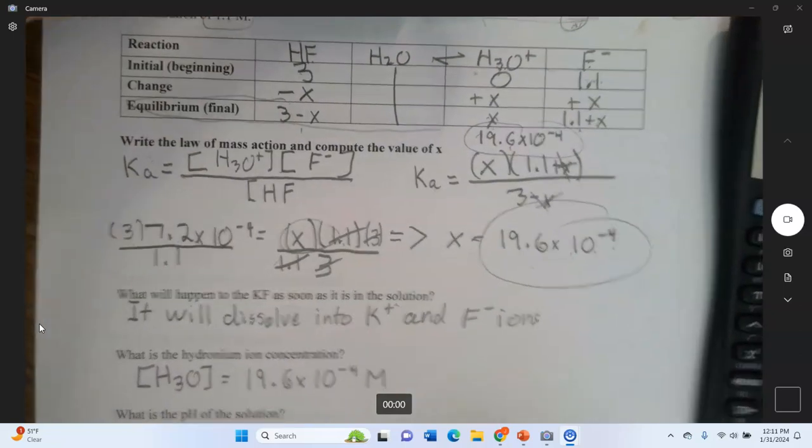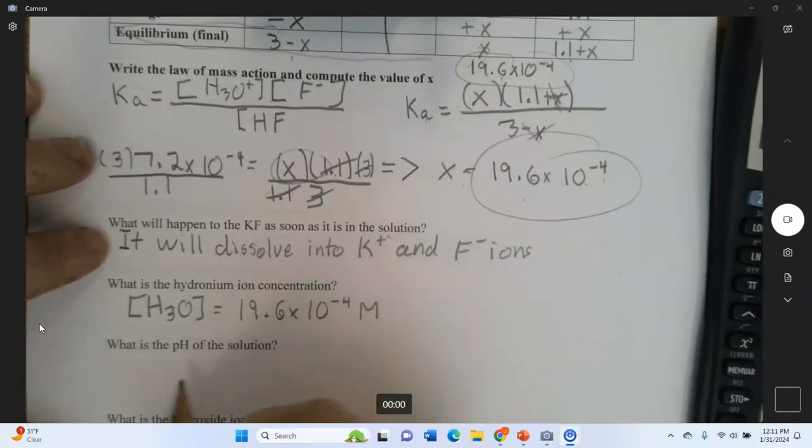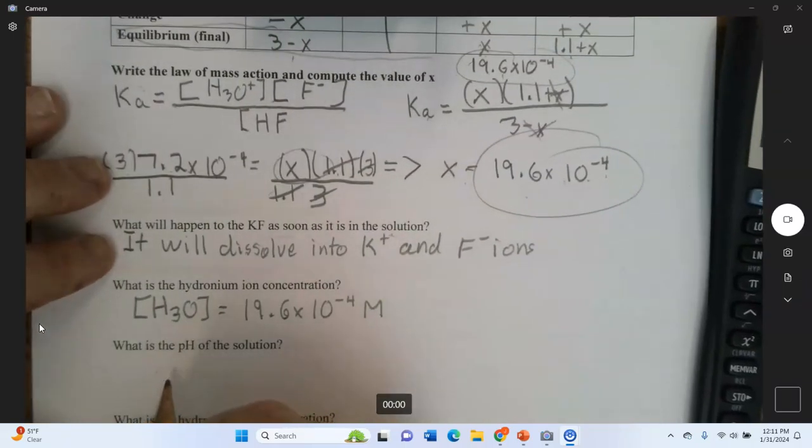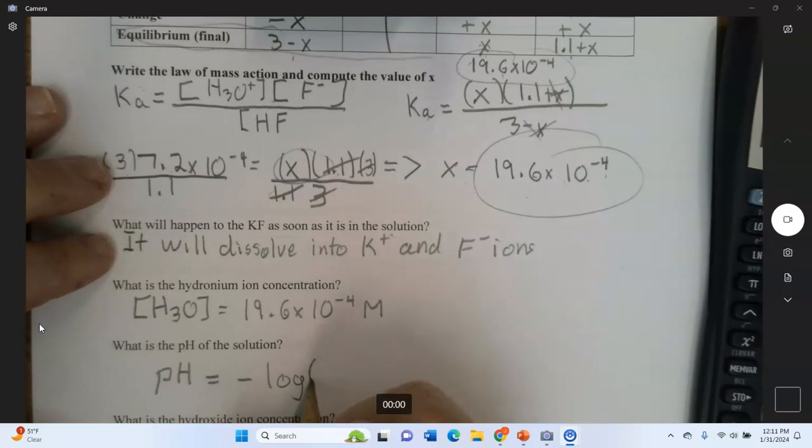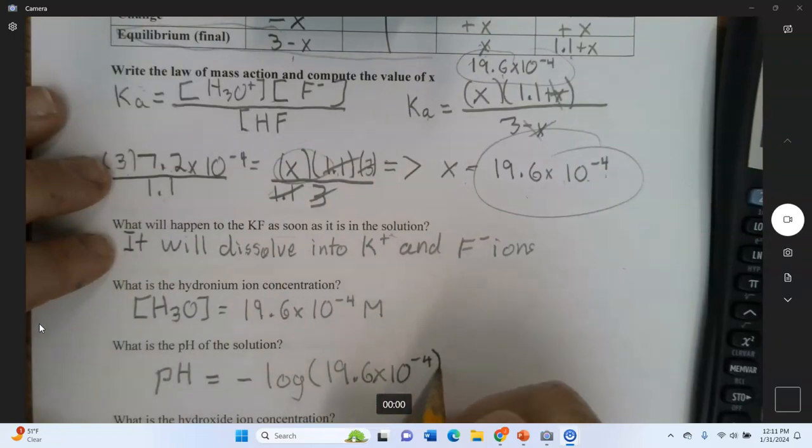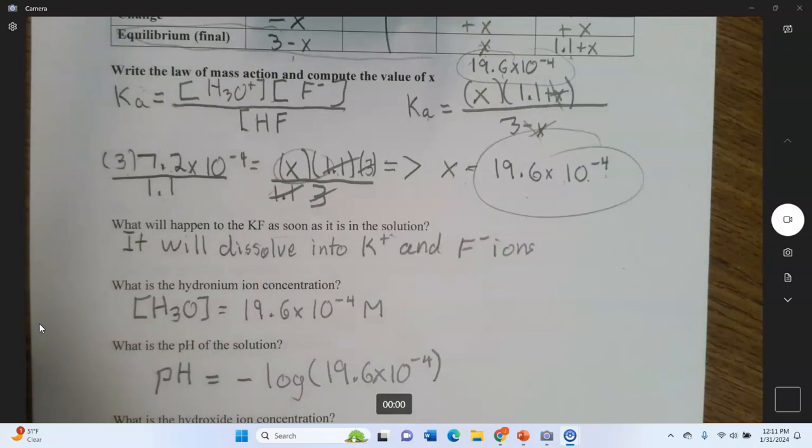There it is. What is the pH? It's the negative log of the hydronium ion concentration. So I already wrote the formula earlier, so I'm going to say negative log of 19.6, 10 to the negative fourth.